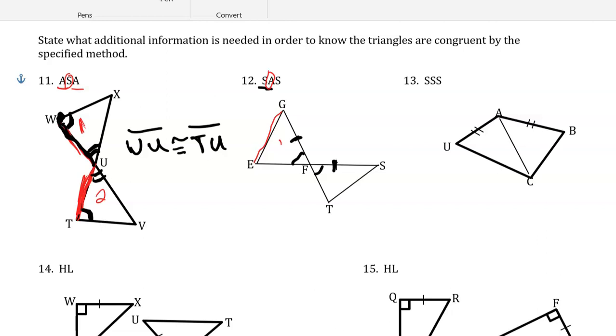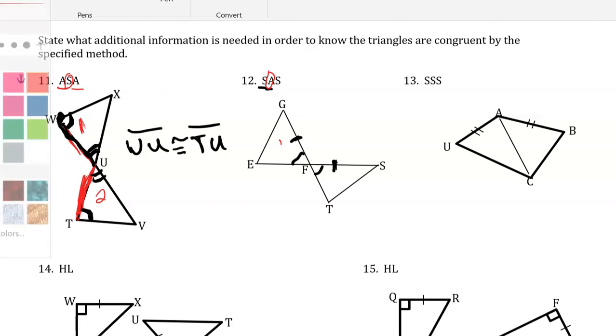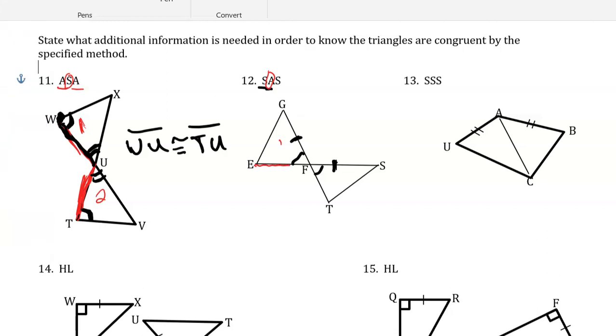If we did this side, however, so let me get rid of the one that we don't want. If we look at this side right here, if this side was congruent to, and then now if we look over here, this side, then we would have a side, we would have an angle, and then we would have a side.